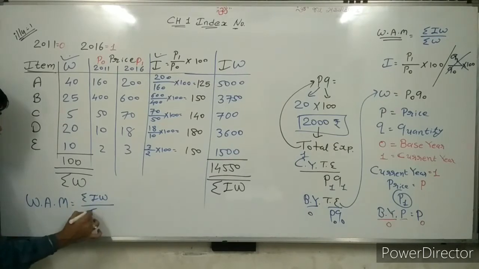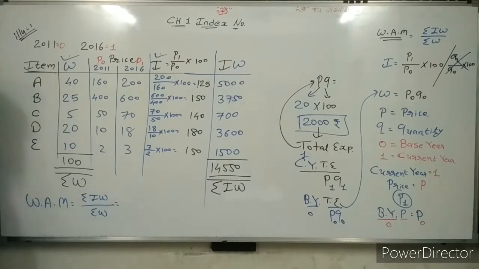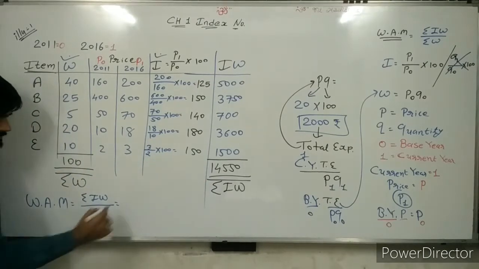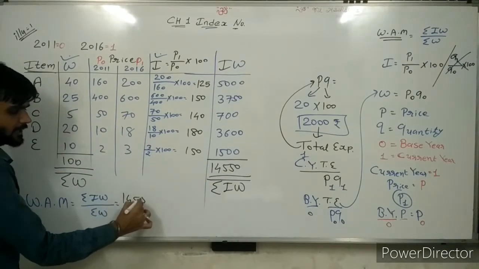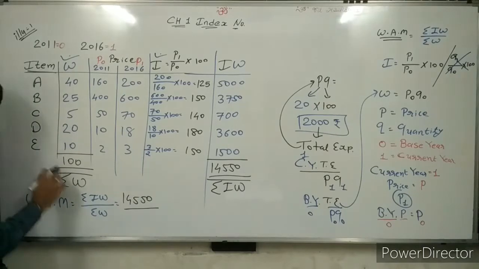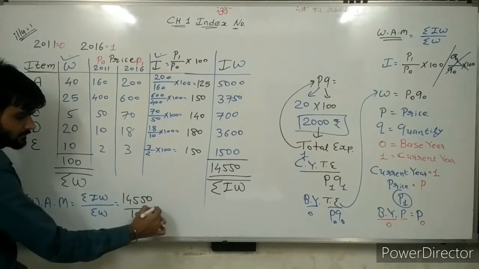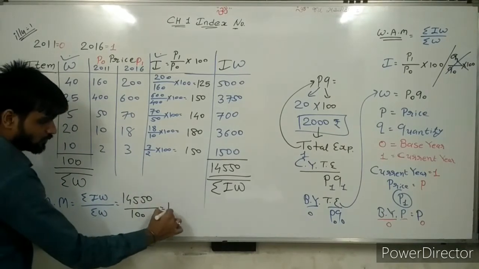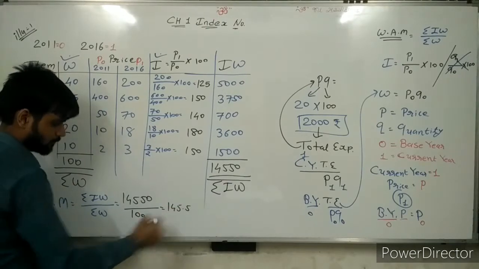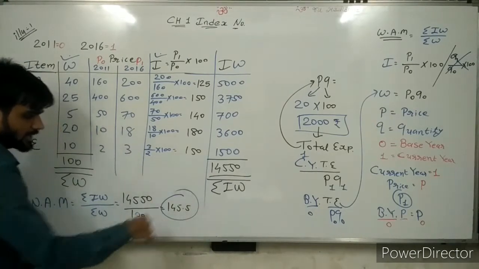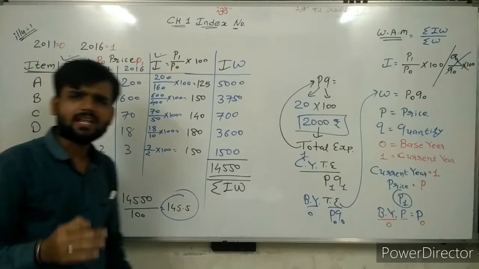Sigma IW upon sigma W. 14,550 divided by 100. So 145.5 is my value of index number.